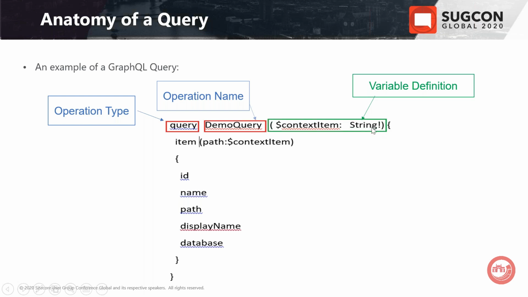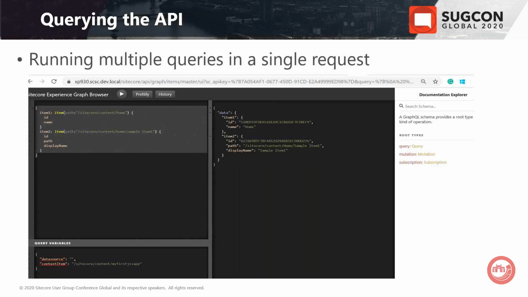We need to pass that parameter while calling this query, otherwise it will complain. If we omit the exclamation mark, we can either pass or ignore it, and I think it will take null. So this is the simple anatomy of this particular query.